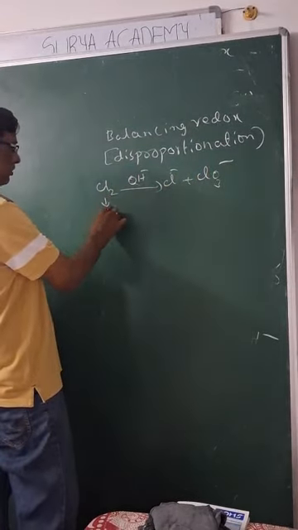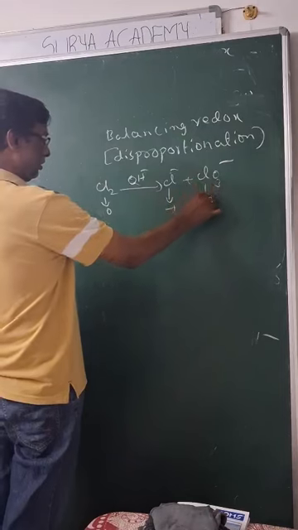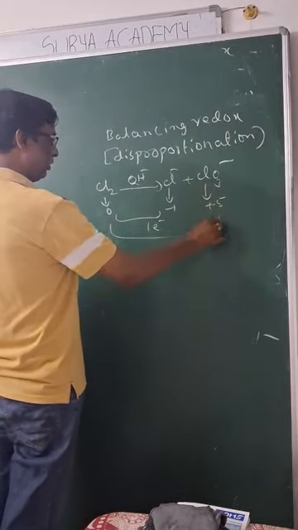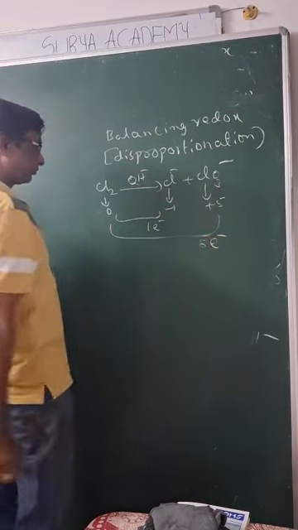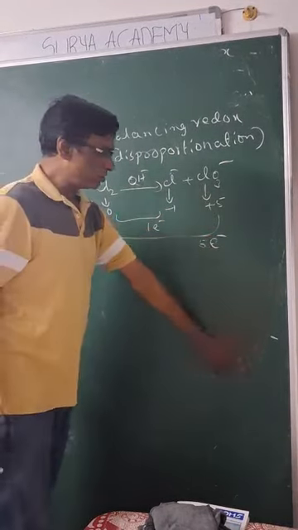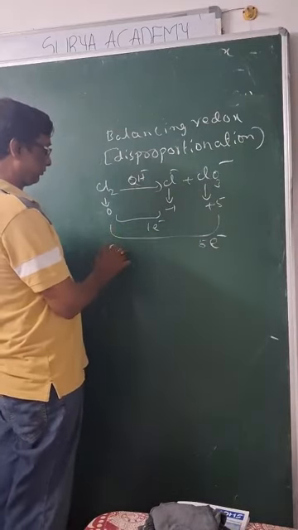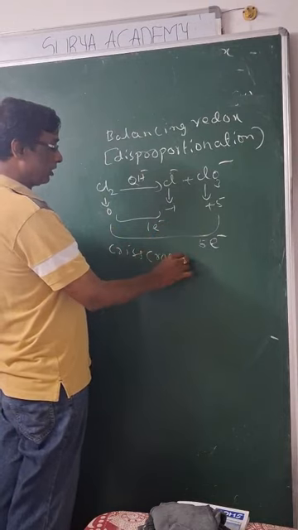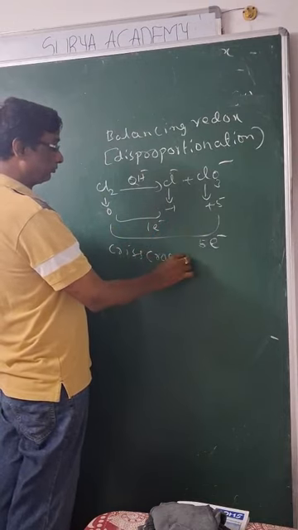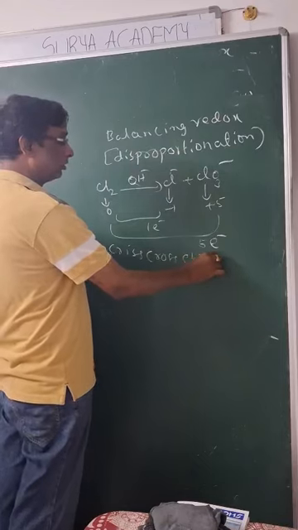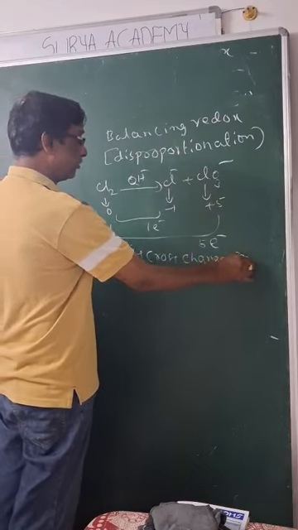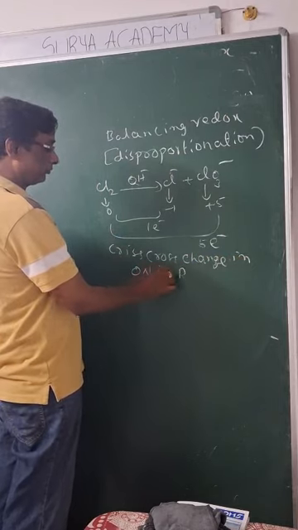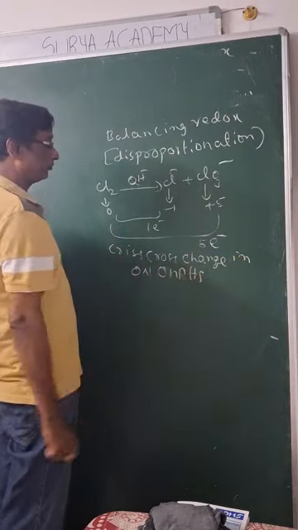Indicate oxidation numbers. Here how many electrons? Here one electron. Here how many? 5 electrons. Crisscross the changes on the right hand side. The change in oxidation numbers on the RHS is very important.